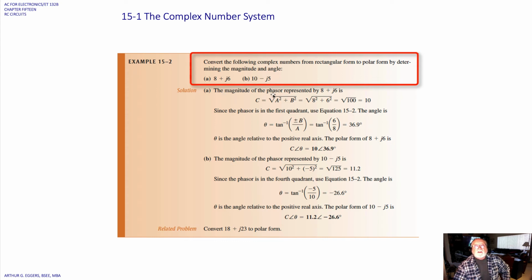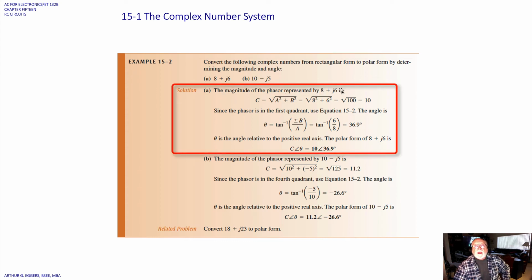The magnitude of the phasor represented by 8 plus j6 then is, first step, use the Pythagorean theorem. The hypotenuse C is equal to the square root of A squared plus B squared. So we take the real part, 8 squared, we take the imaginary part, 6 squared. When we square those and add them together, we get 100. Take the square root, we get a magnitude, in polar form, of 10.